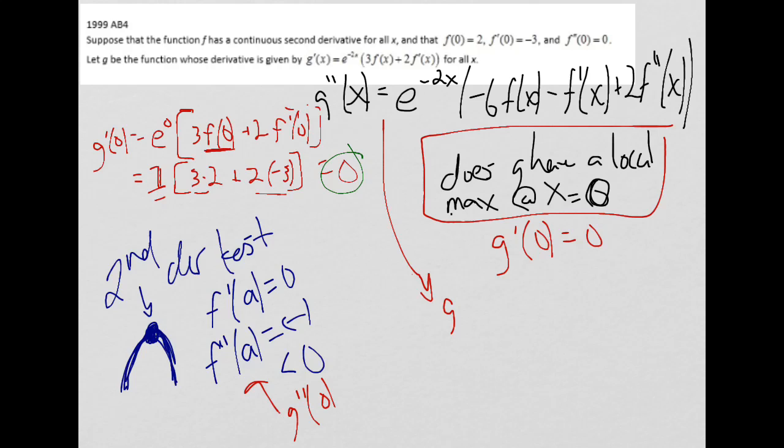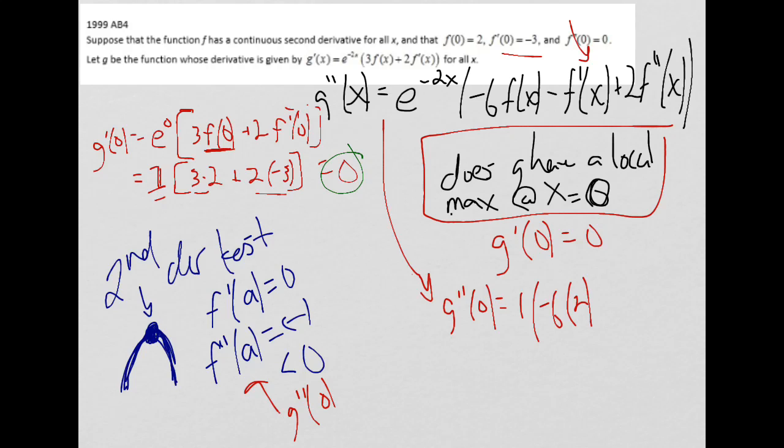So g double prime of 0 is equal to e to the negative 2x, or e to the negative 2x at x equals 0 gives me 1, times, I get minus 6 times f of 0 is 2, so minus 6 times 2. And then I get this piece, so that says minus f prime of x.